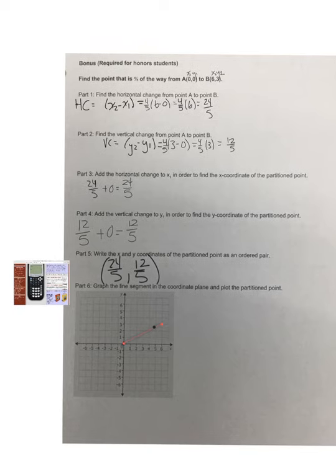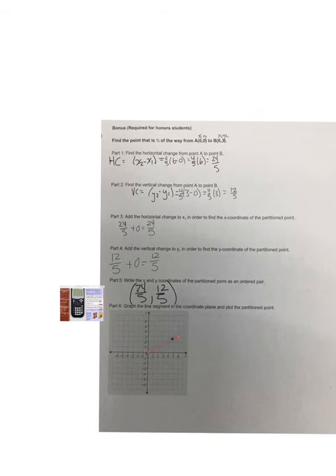So in part 3, we're adding a horizontal change to my x1. We found the horizontal change in part 1, and we said it was 24 over 5. The second part, we're adding a vertical change to y1, and in part 2, we found the vertical change, we said it's 12 over 5. And then the zeros are because x1 is 0 and y1 is 0 in this problem.